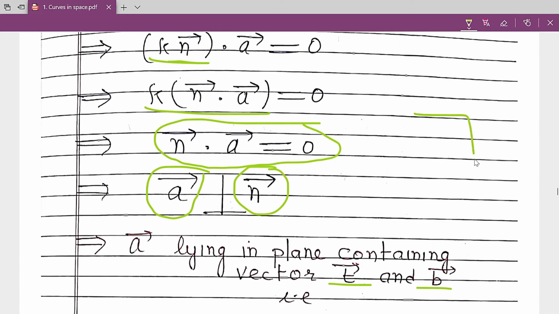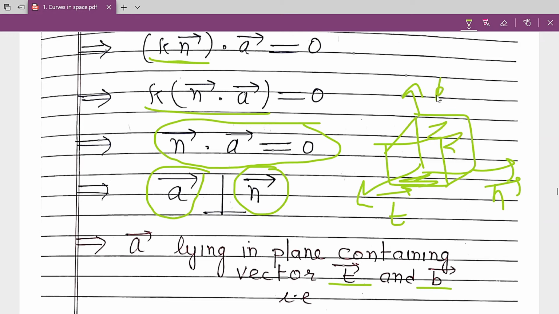As we discussed earlier, in three-dimensional space, this vector is T, this vector is N, and this vector is B. This is the osculating plane, and this is the normal plane.